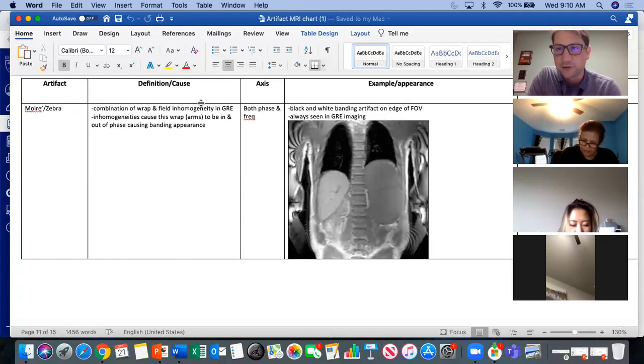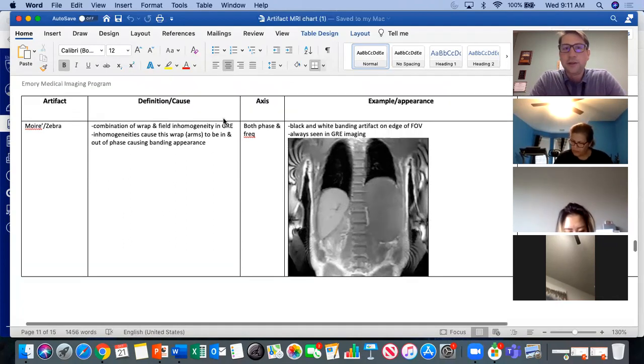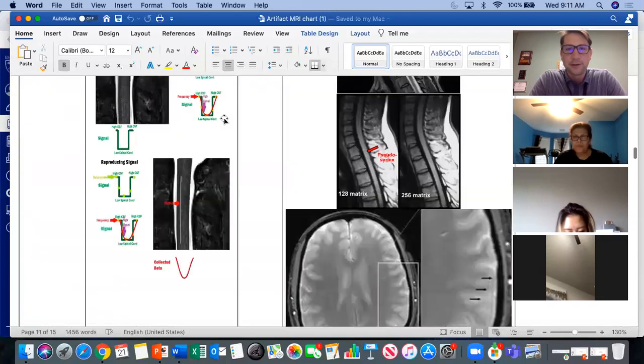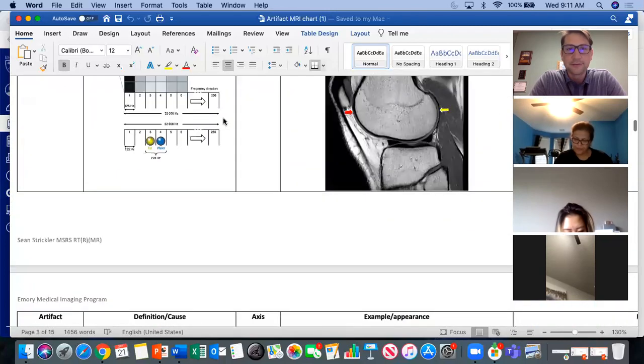The gradients actually rephase the spins. So it's not as efficient at getting rid of this inhomogeneity. So the inhomogeneities cause this wrap to be in and out of phase with each other and cause this banding artifact. So we talked about the 2 artifacts up here, in and out of phase.